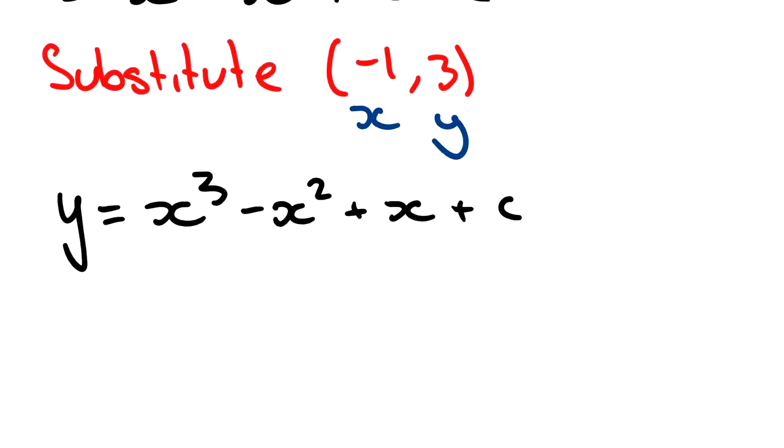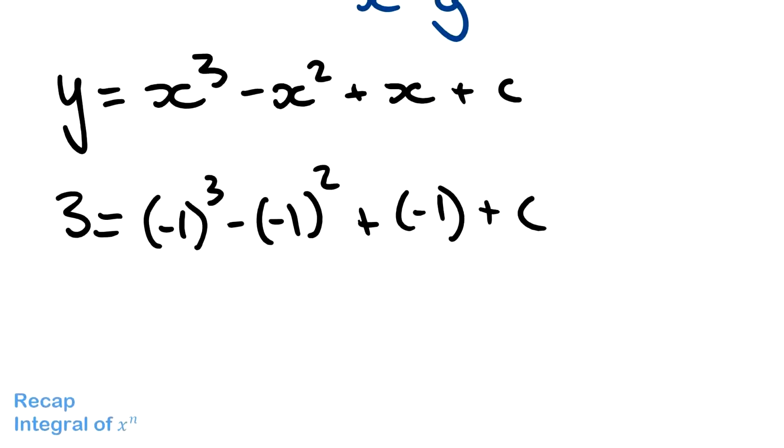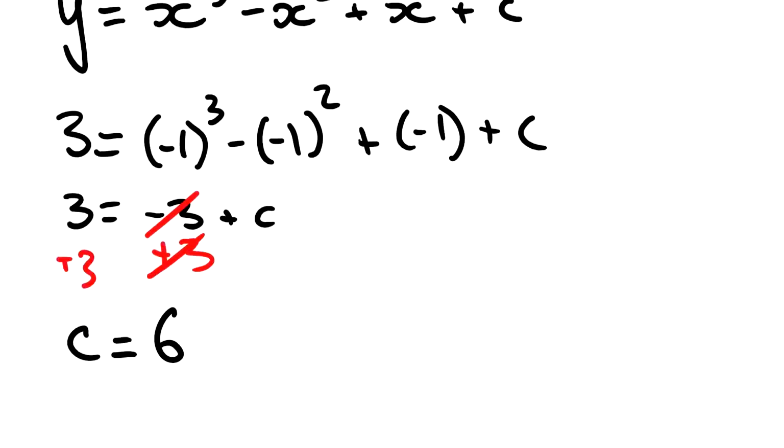Now we put our values in, so we get 3 equals -1 cubed minus -1 squared plus -1 plus c. We can do some rearranging, so we get 3 equals -3 plus c. We add the 3 to both sides here. That cancels that out. And we get c equals 6.